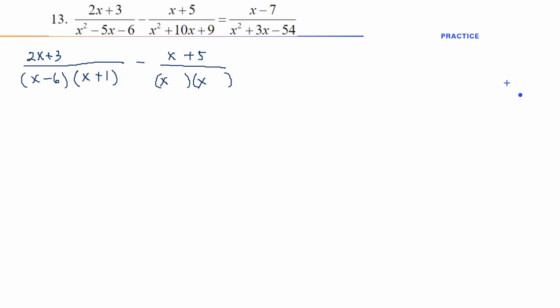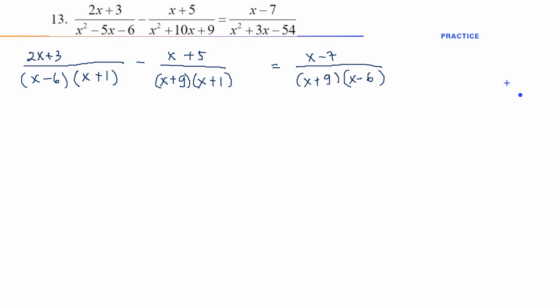Two numbers multiply equal 9 and then add up to 10, so 9 and 1. X minus 7 on the top, just copy it down. Then factor the denominator, so x. Two numbers multiply equal negative 54 but add up to 3, so minus 6.